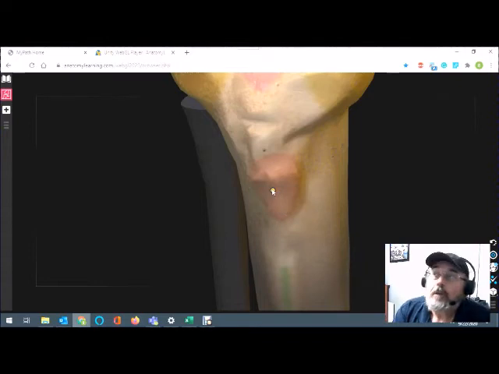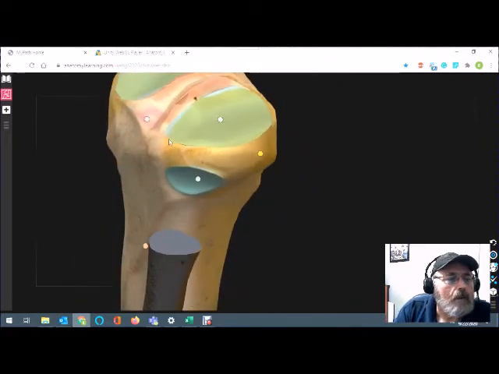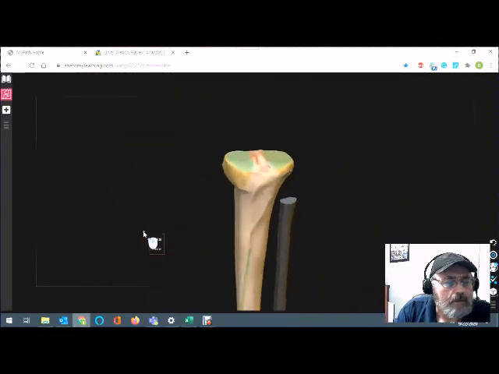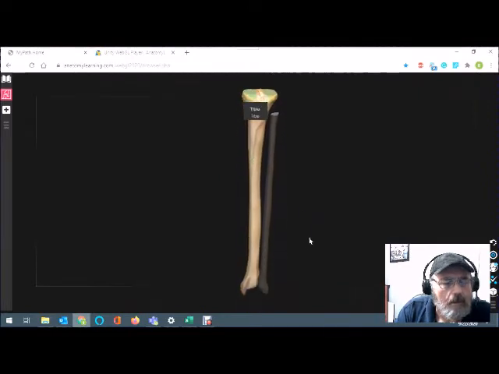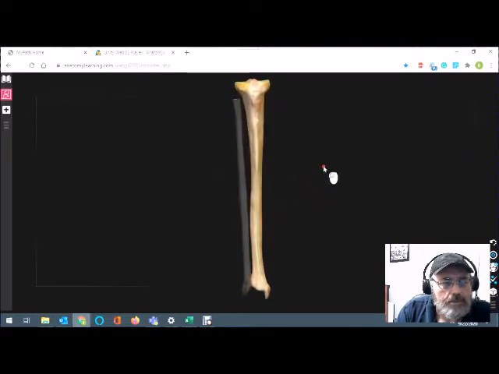So the rectus femoris, the vastus lateralis, the vastus medialis all attach in this area to allow us to kick. And honestly, let's back up here a little bit. But again, there's not a huge number of structures that I expect you to know.